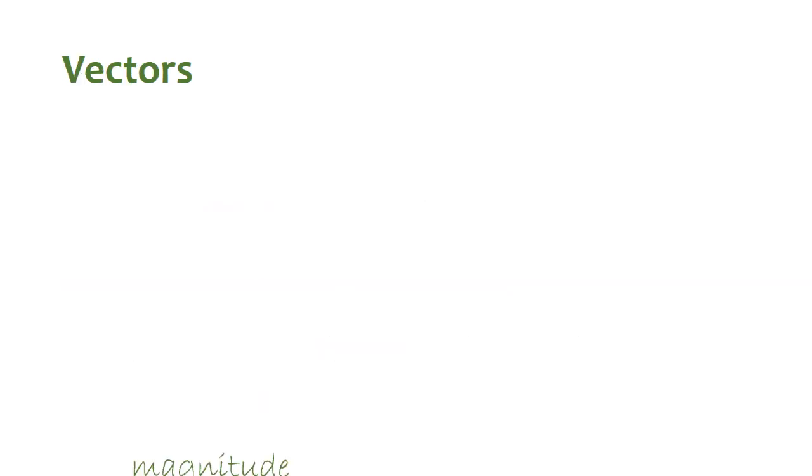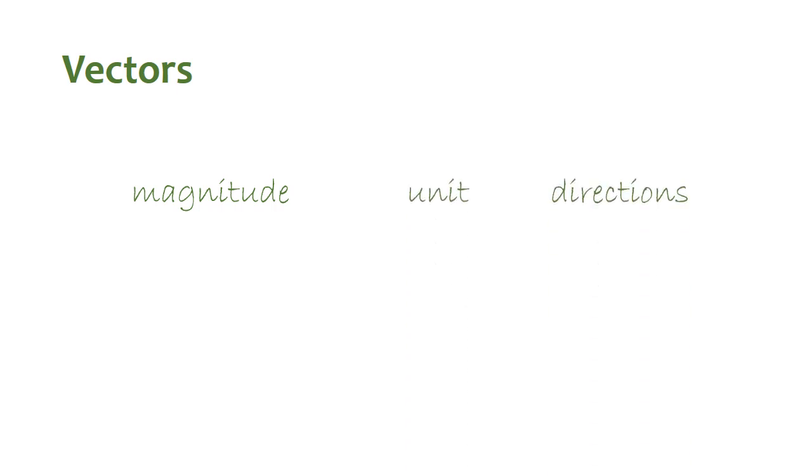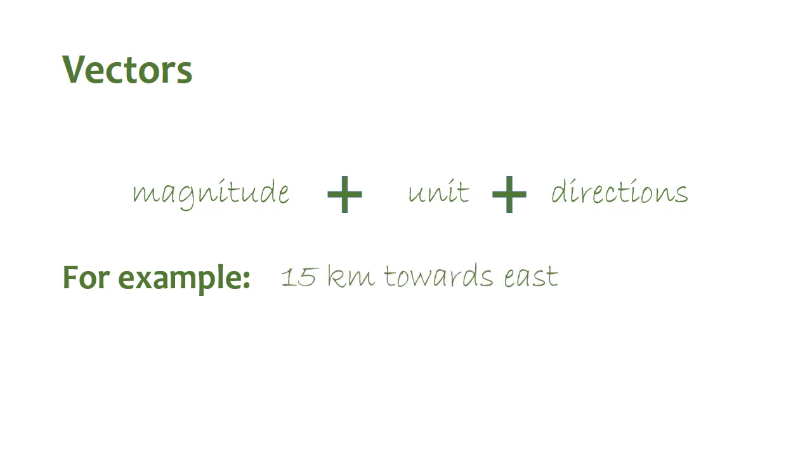Vectors. To describe vectors, you need magnitude, unit, and direction. All of these three entities are required to describe a vector quantity. Let's say 15 km towards east.